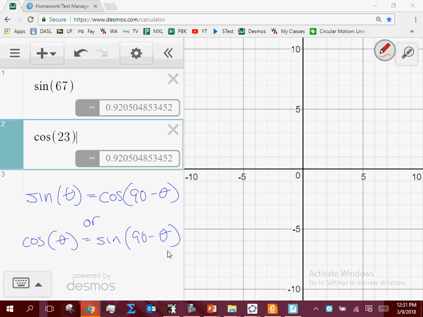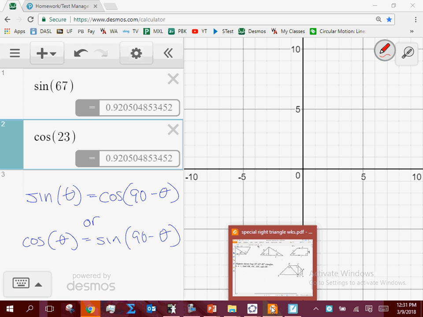Because the 90 minus theta gives me that complement angle, right? So if my theta is 20, 90 minus 20 gives me 70. Okay? If theta is 23, then 90 minus 23 gives me 67. Does that make sense, everybody? That's a relationship that you need to know. That's a relationship that is asked about frequently on end-of-course exams. Okay? We've only got 2 or 3 end-of-course exams that have been provided, but that shows up a couple times. Okay, so they like to ask that relationship and have you understand that relationship.